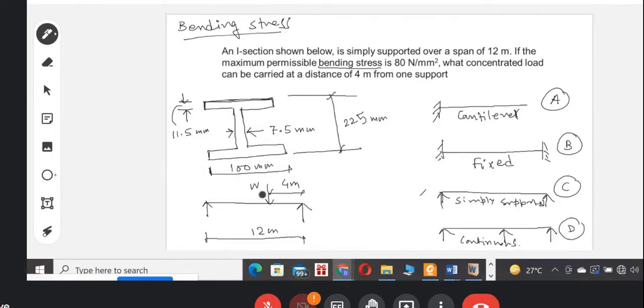This part is known to you. What should we do? We know these forces, reactions.